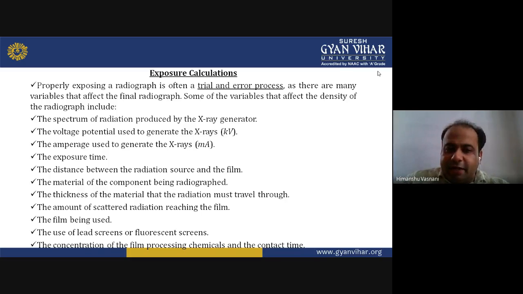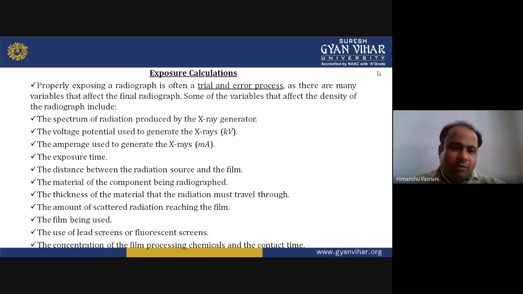Then the material of the component being radiographed, and the thickness of the material that the radiation must travel through. These two points are very important. Then the amount of scattered radiation reaching the film.